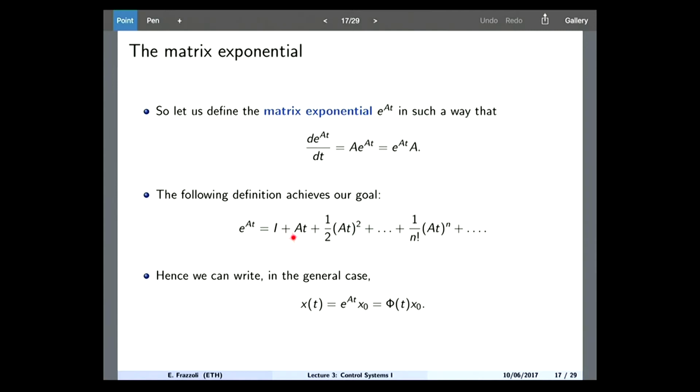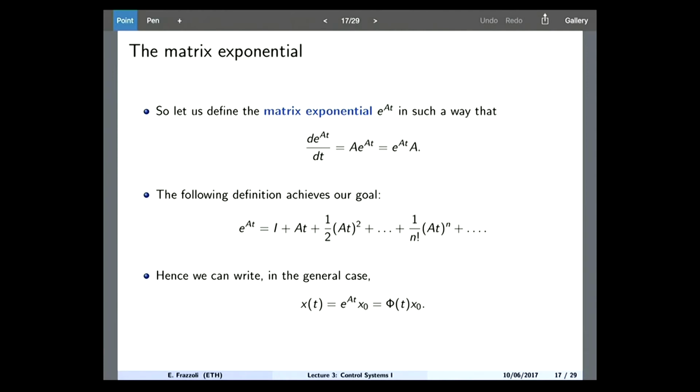What would be the derivative of A that multiplies t? That would be just A. So on and so forth. So you can actually check that if you take the derivative of all of these terms, then you satisfy this property.